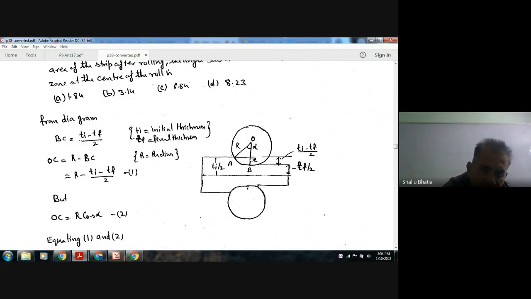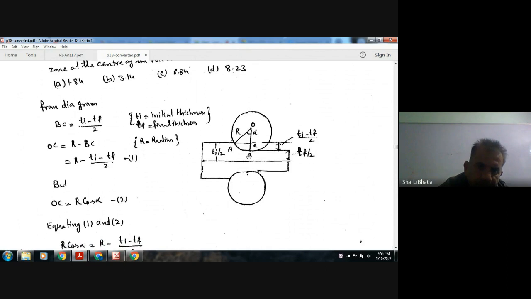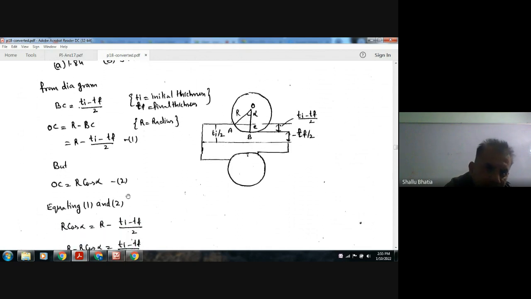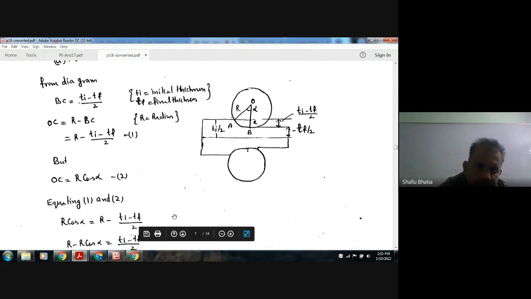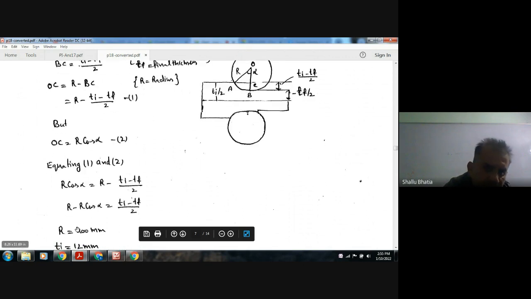So BC is (Ti minus Tf) by 2, so OC is R minus (Ti minus Tf) by 2. Here OC is R cos alpha. So R cos alpha is R minus (Ti minus Tf) by 2. So R minus R cos alpha equals (Ti minus Tf) by 2.